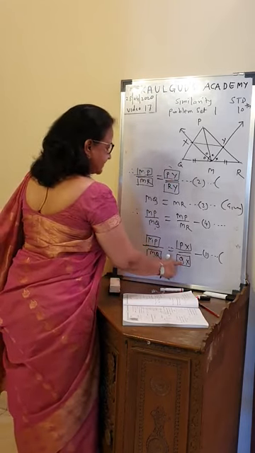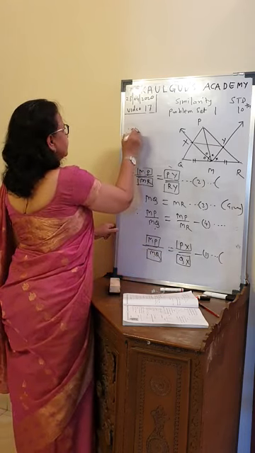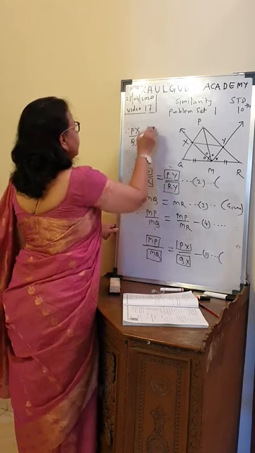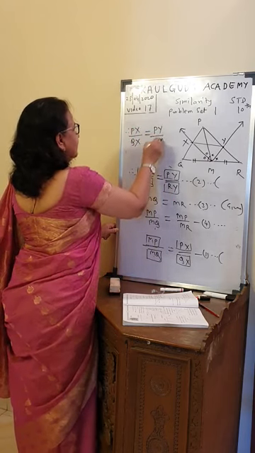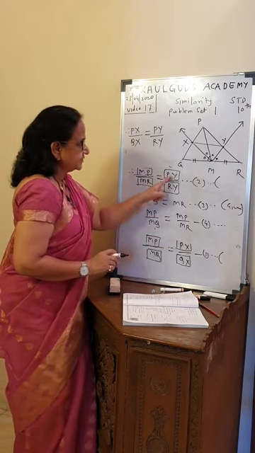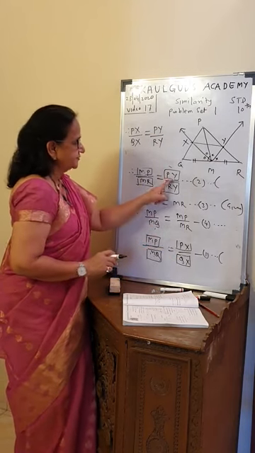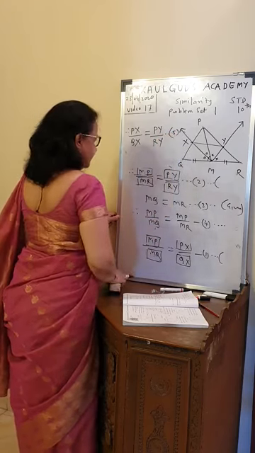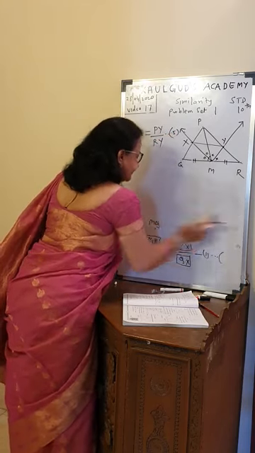Therefore, take RHS of 1, PX upon QX, must be equal to RHS of 2, PY upon RY. I repeat, LHS equal means RHS equal. So I copied RHS of 1 and 2. Call this number now 5. Number 5. I'll erase all these things now.